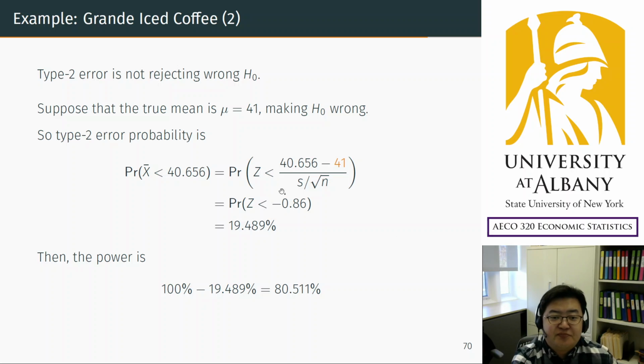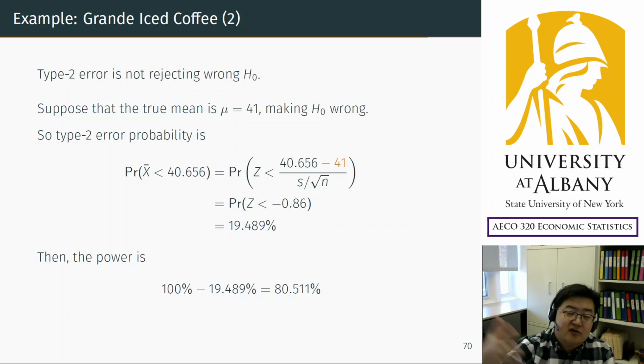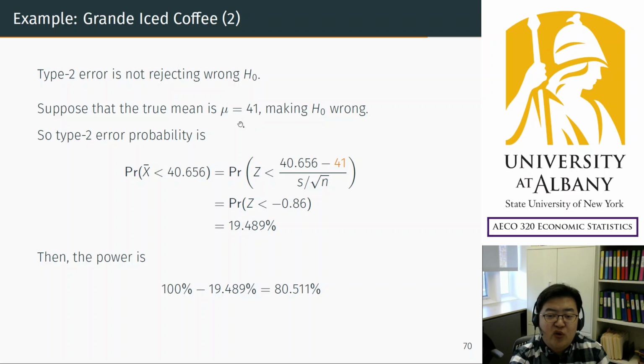So I will suppose that the truth is 41 degrees. You have to choose a number, but I will just choose 41. It could be a different number, but then the probability will be different.